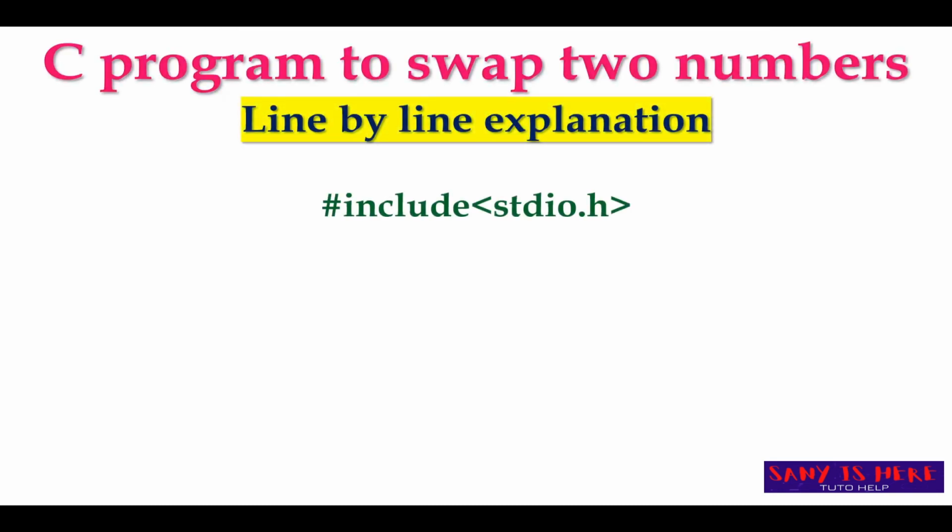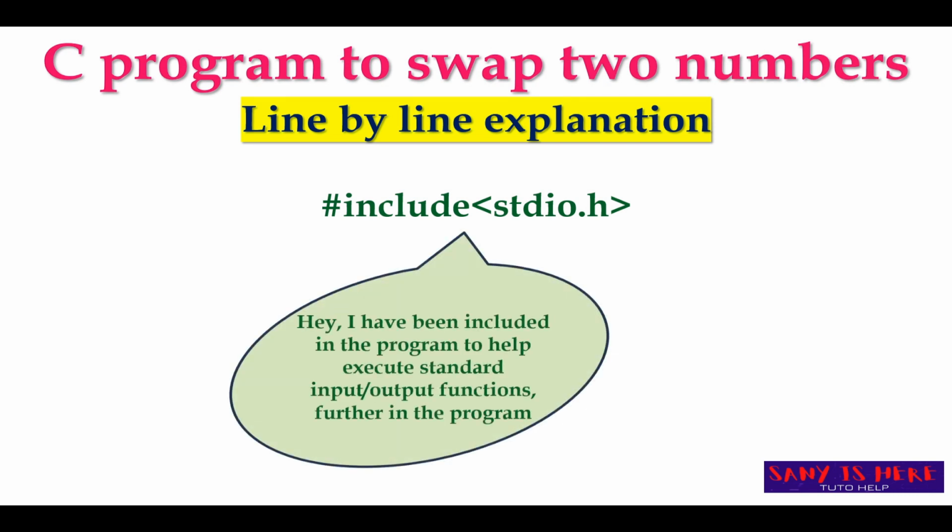Let us see what this #include <stdio.h> is. This has been included in the program to execute standard input output functions further in the program. We are using the input function, that is scanf, and the output function, that is printf.